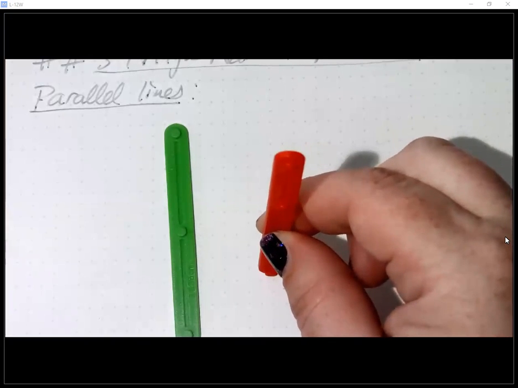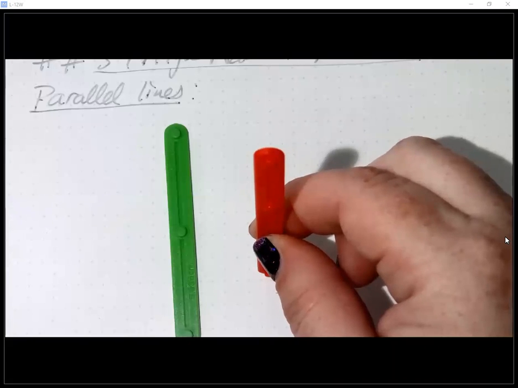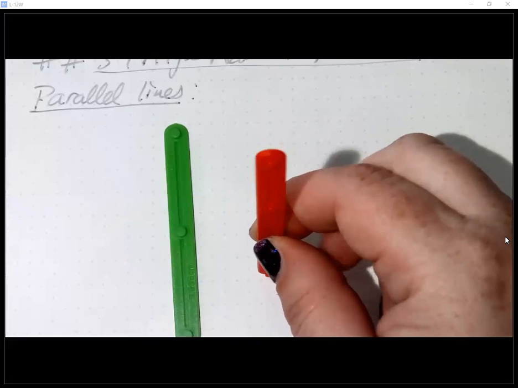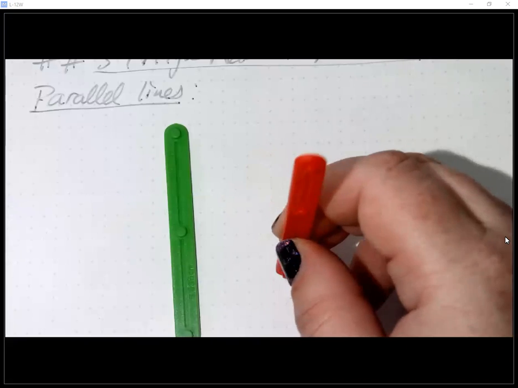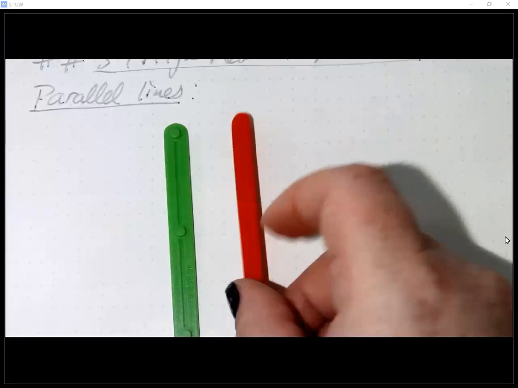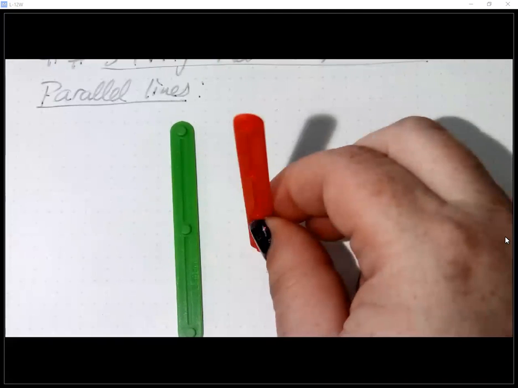Carson? So wouldn't the definition of parallel lines be two lines on the same plane that never intersect? Exactly. We have to add the word coplanar to our definition. You can't just say two lines that never intersect anymore because we have these. Anybody remember the name for these? I did tell you once upon a time.